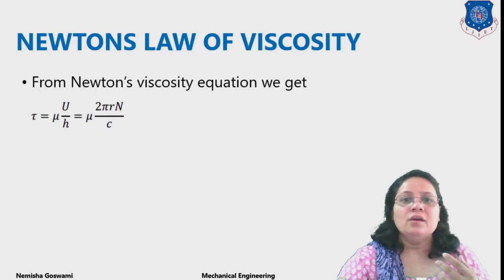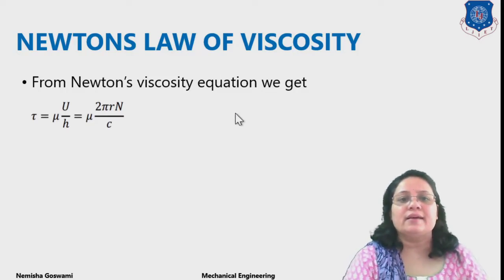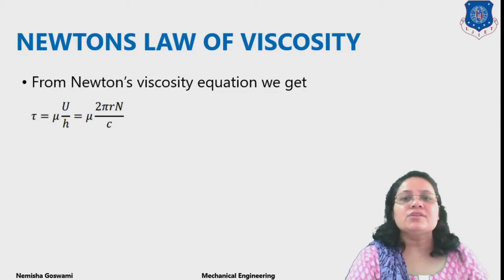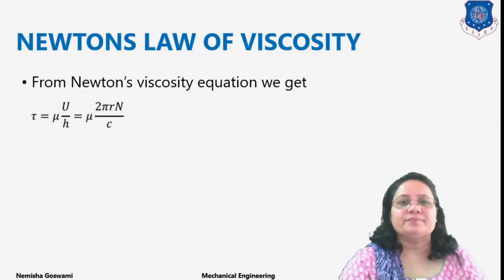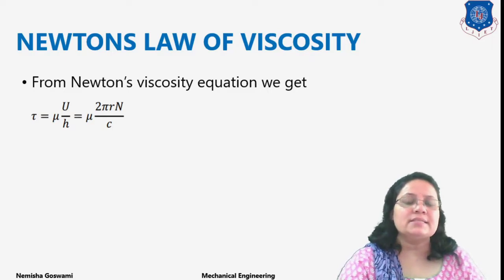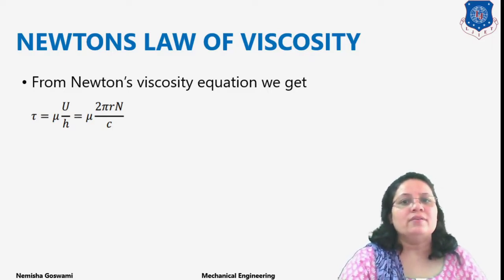The shear strain is given by velocity divided by thickness. When we remove the proportionality sign, a proportionality constant comes in, and this is known as viscosity, or simply the coefficient of viscosity, right?